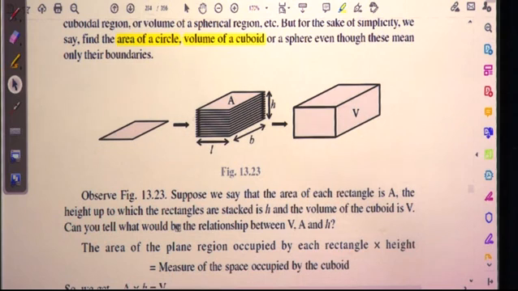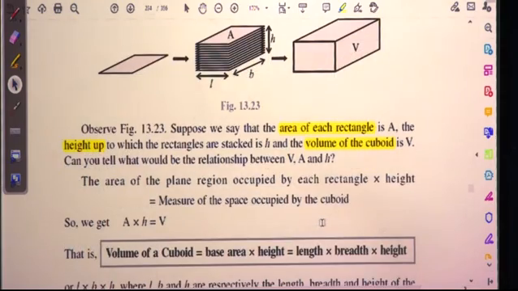Suppose we say that the area of each rectangle is A. The height up to which the rectangles are stacked is H, and the volume of the cuboid is V. Can you tell what would be the relationship between V, A and H?